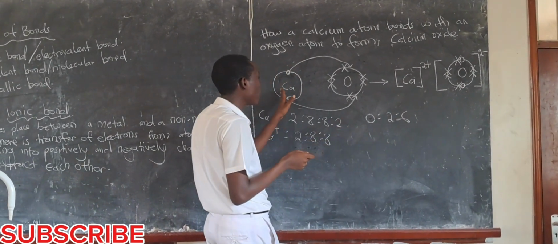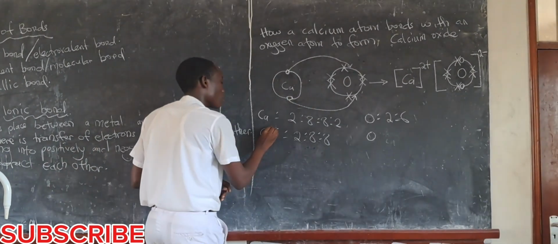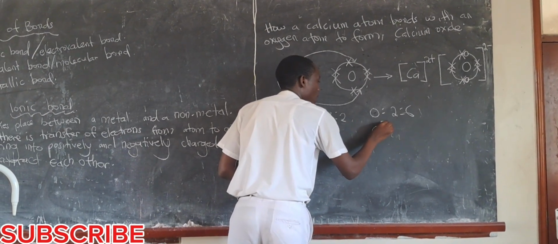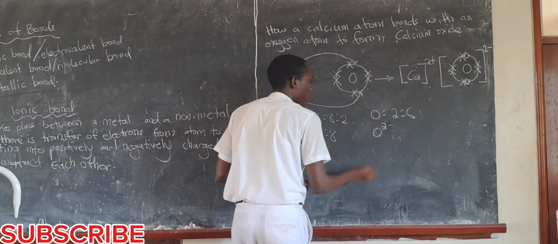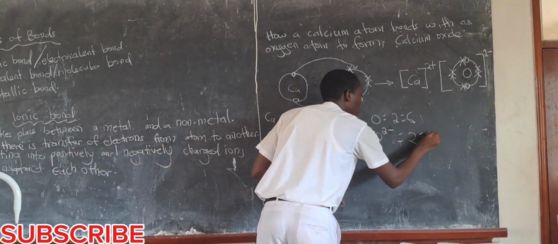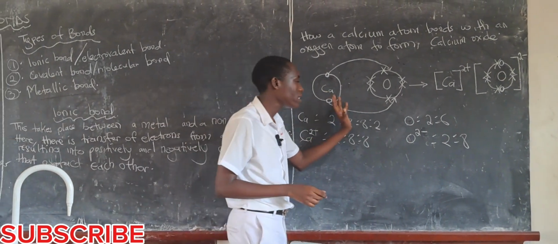Now, when given 2 electrons, it becomes an oxygen ion. So we have 2 minus, 2 negative, and we'll now have a 2, 8, and it will also be stable, and that's why this bond.